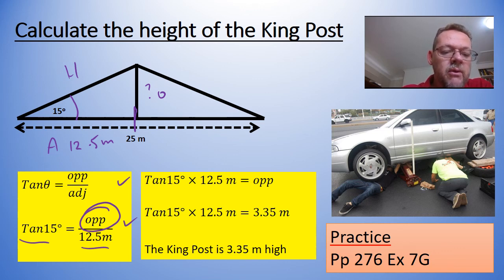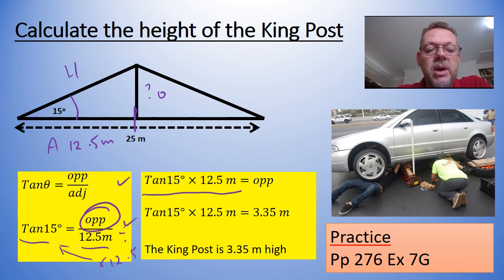So this time rather than swapping them over, we're going to say tan 15 multiplied by 12.5, because remember that's a divided by, and we want to bring that over that side. So the opposite of divide is times 12.5. So to calculate the height of the king post, we're going to say tan 15 multiplied by 12.5 meters will be the opposite. And that should equal 3.35 meters. So the king post now is 3.35 meters high.